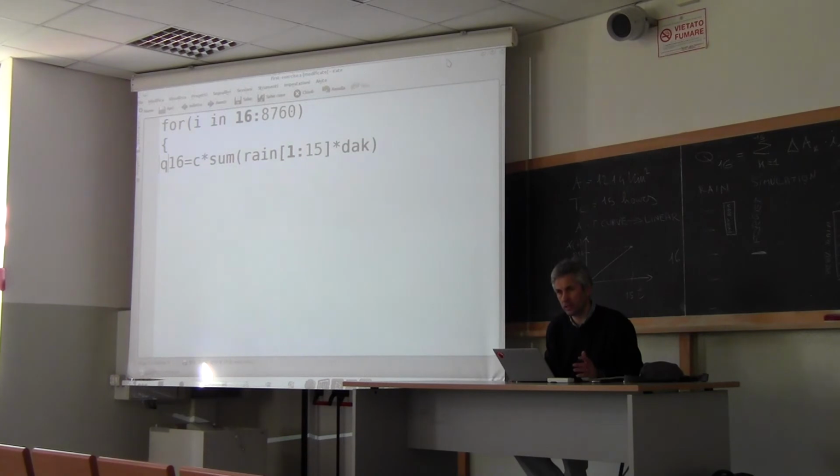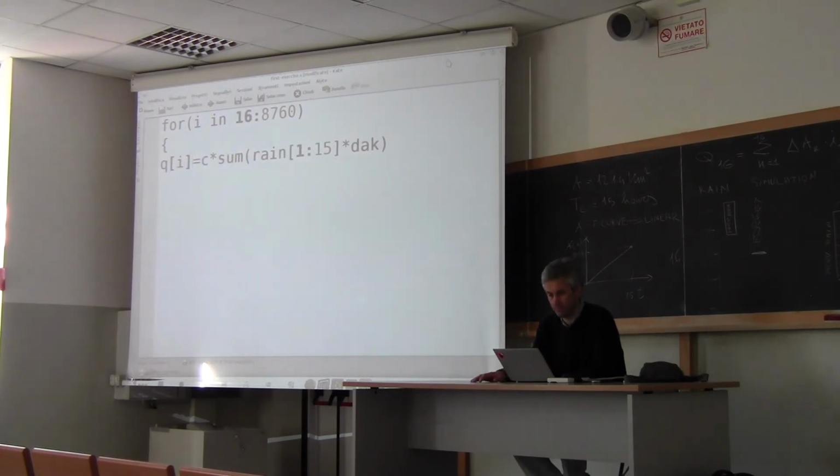Now, here, Q16, we cannot use Q16 as a variable because otherwise we overwrite it every time. So we need to write here QI. And now we have to modify also the indexes of rainfall.